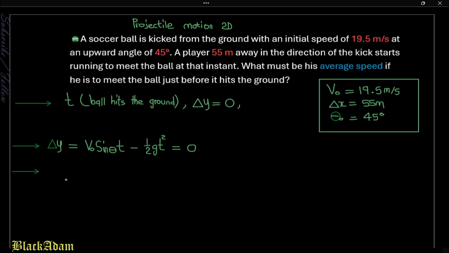We know that this equals 0, so that means that half g t squared is going to be initial velocity times sine theta multiplied by time.